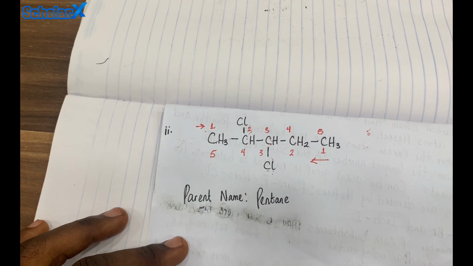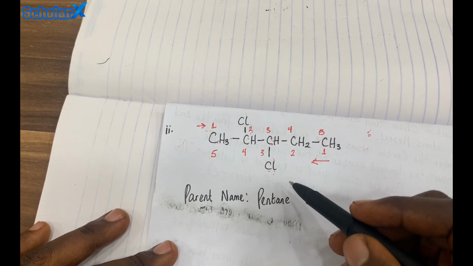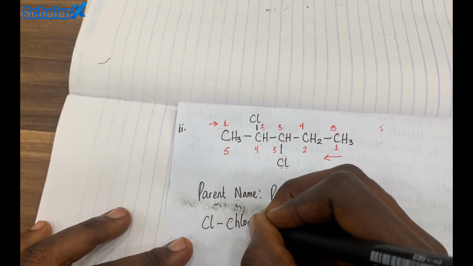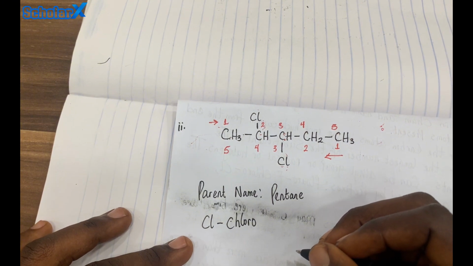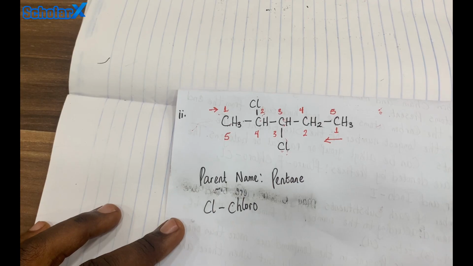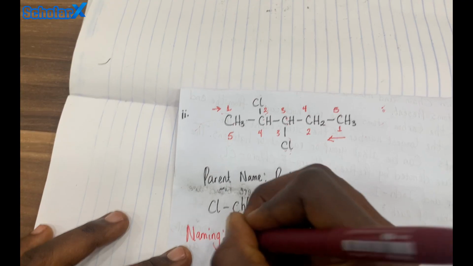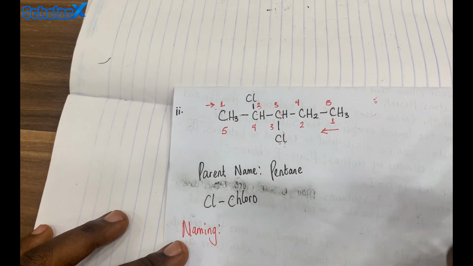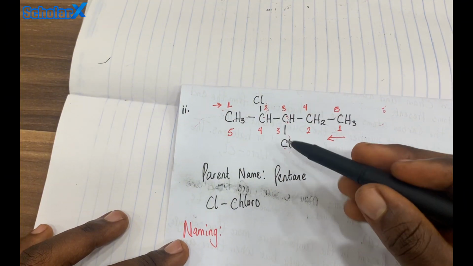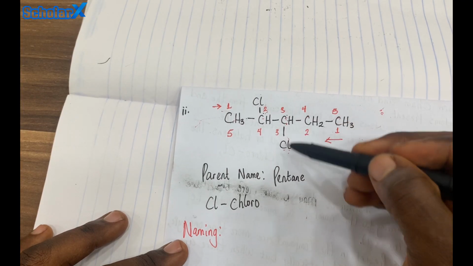So we know that the parent name is pentane. Now, how do we name this compound? We have two substituents, chlorine. Don't forget that we said Cl is called chloro. So what will be the naming of this compound finally? We have two chloro substituents, one on the second position and one on the third position.